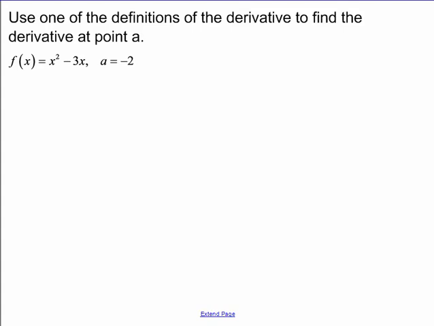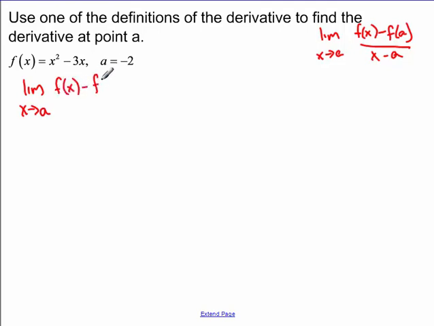Use one of the definitions of the derivative to find the derivative at point a. So since they give you a point, I would recommend that we use the limit as x goes to a of f of x minus f of a all over x minus a. So, again, rewriting that, just because it's good for us to write it, because I'm going to want you guys to know this definition backwards and forwards.